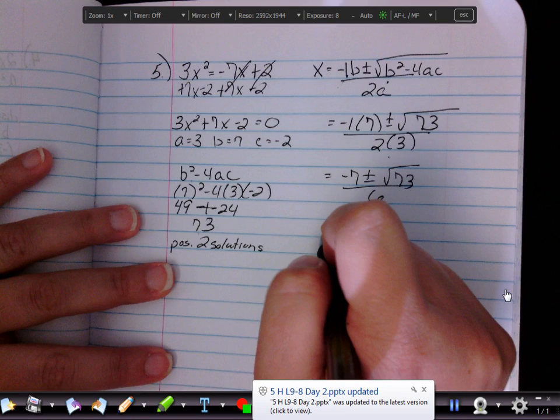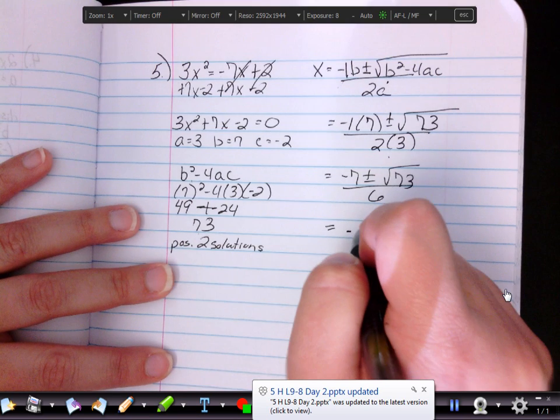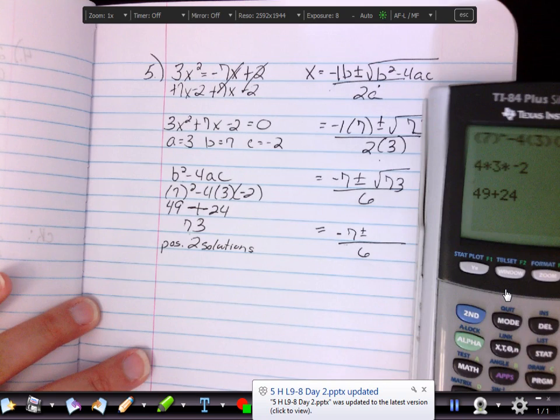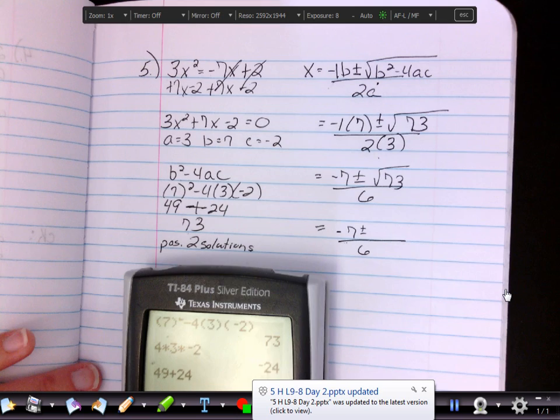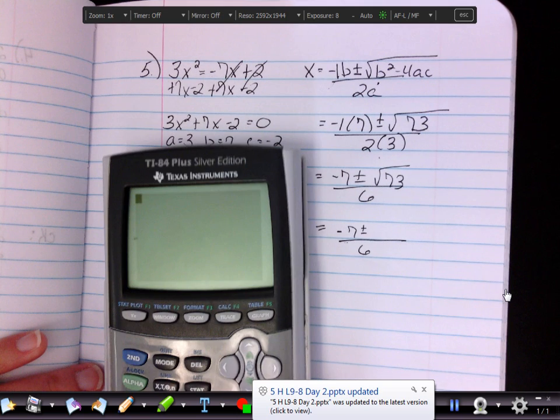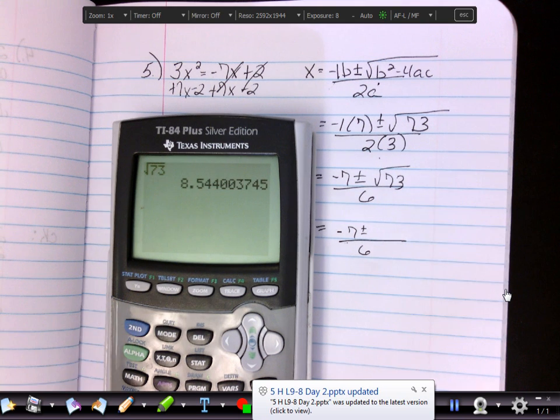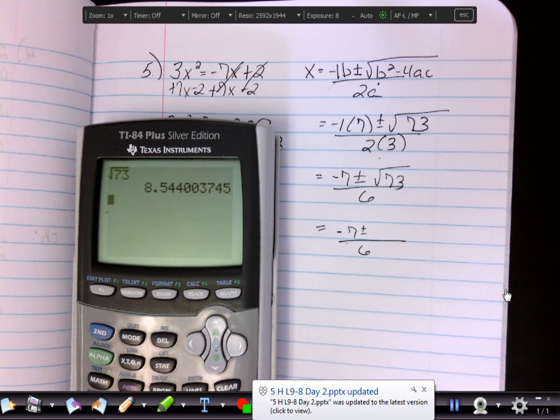So I did my multiplying here and here. Then I'm going to find what the square root of 73 is. So I'm going to use my calculator, and I'm going to say square root of 73. And again, I get a big long decimal because it's not a perfect square, so I'm going to round it to the 100th.